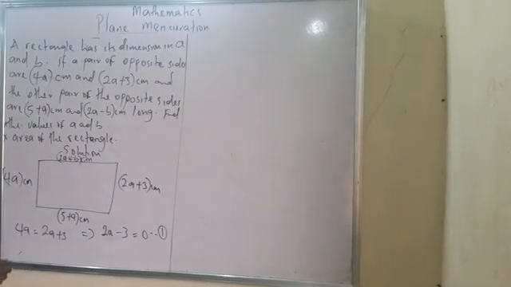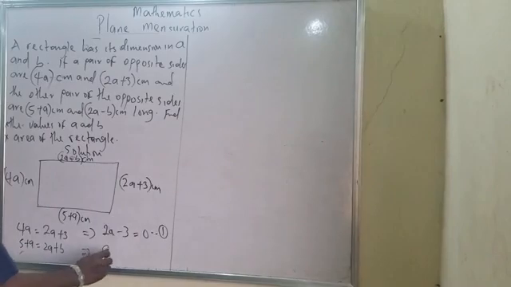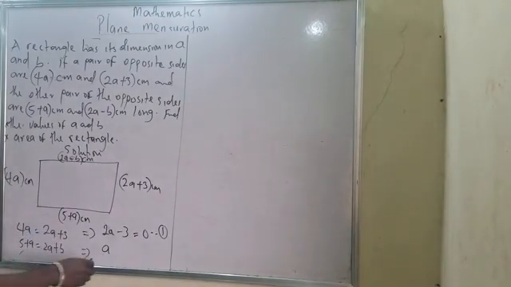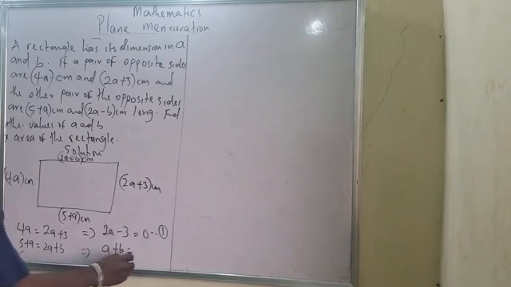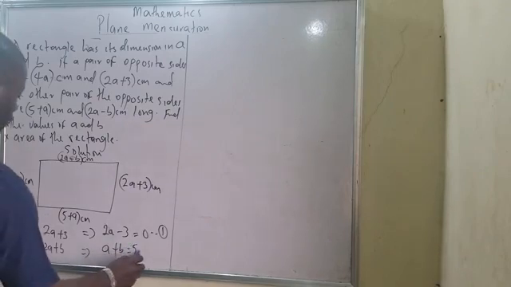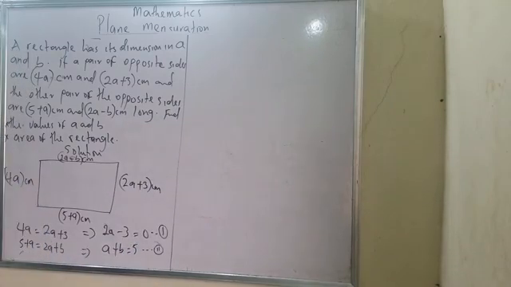Also, I will have 5 plus A equals 2A minus B, which implies A plus B equals 5, equation 2. Now, with this, I can continue with my simultaneous equation.